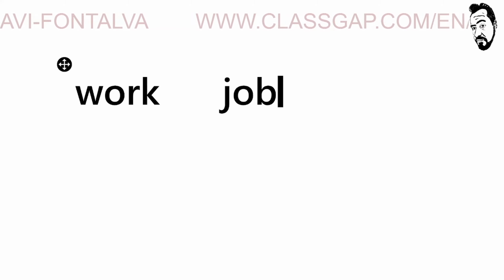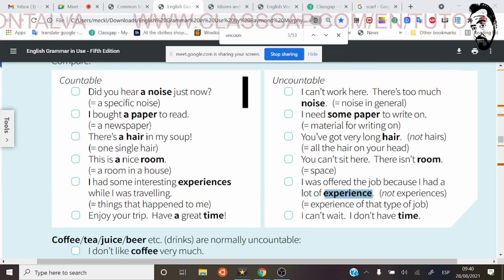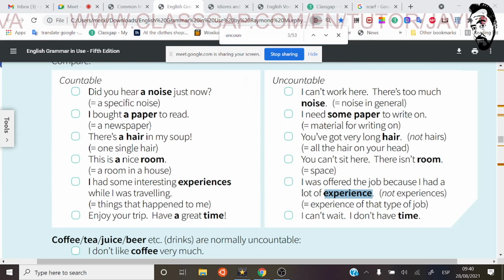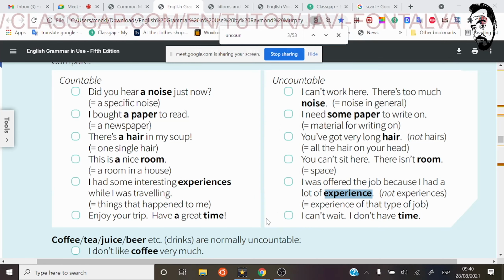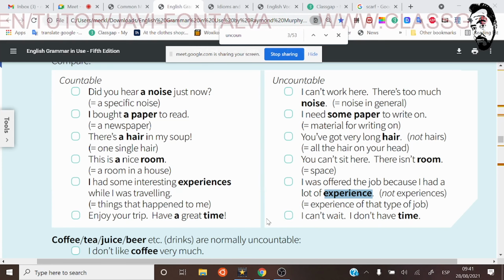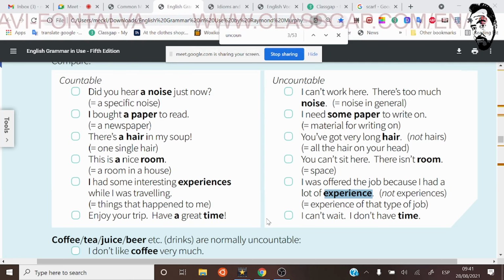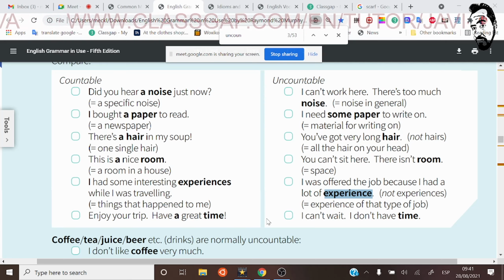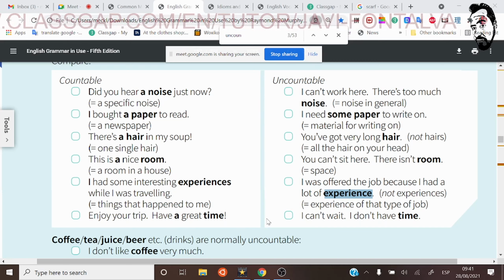It's not possible. When we say jobs, we mean, for example, electrician, politician, teacher. It's more about professions. Work is more about activity.